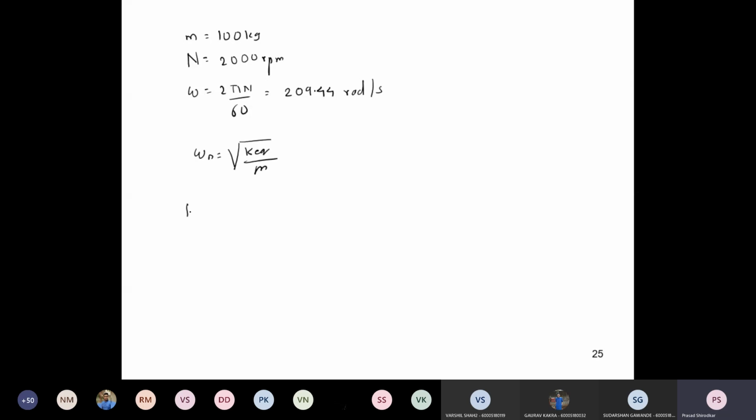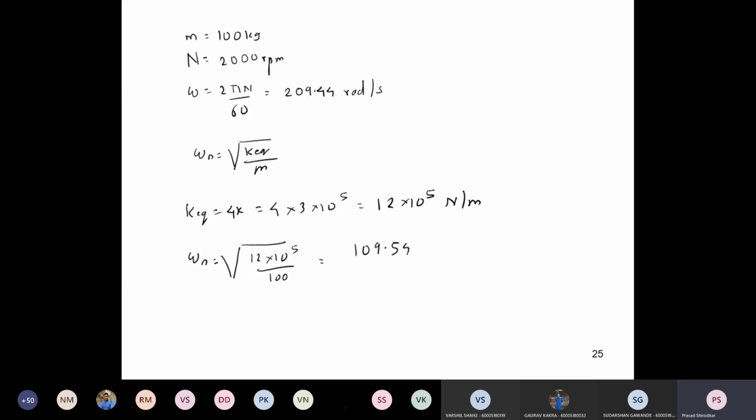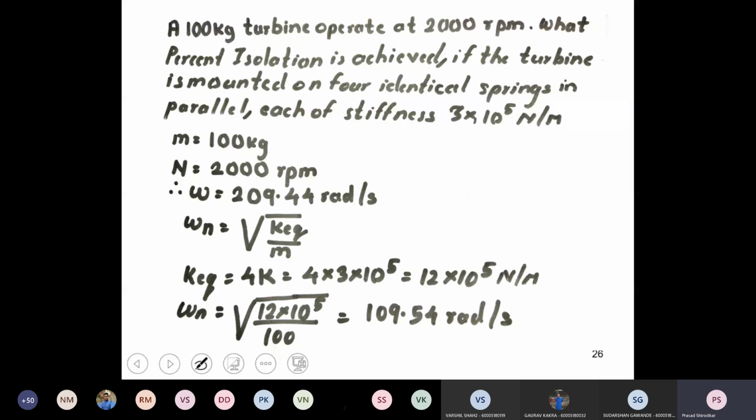Since there are 4 springs, k equivalent is going to be 4k. Alright, so that is equal to 4 into 3 into 10 raised to 5, so that is equal to 12 into 10 raised to 5 Newton per meter. Alright, so omega n is square root of 12 into 10 raised to 5 divided by mass 100, and that comes out to be 109.54 radians per second. Alright, this is just the summary of the calculation.